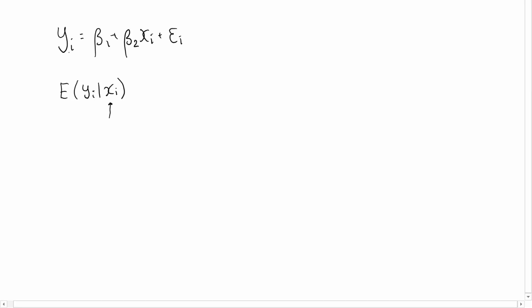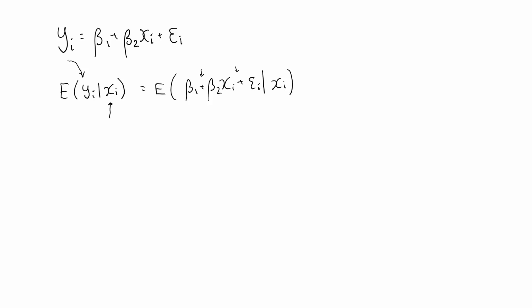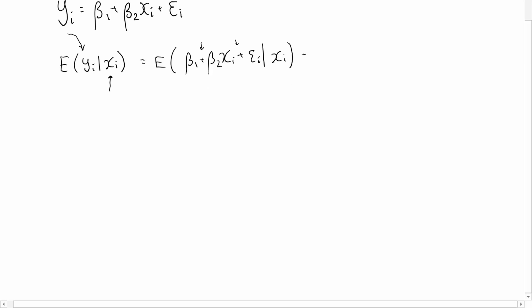And indeed it will. If I just replace my yi in here, this is the expected value of beta 1 plus beta 2 xi plus epsilon i conditionally on xi. Now we have plus signs here, so this is a linear function, which means that I can break this expectation up into three parts.